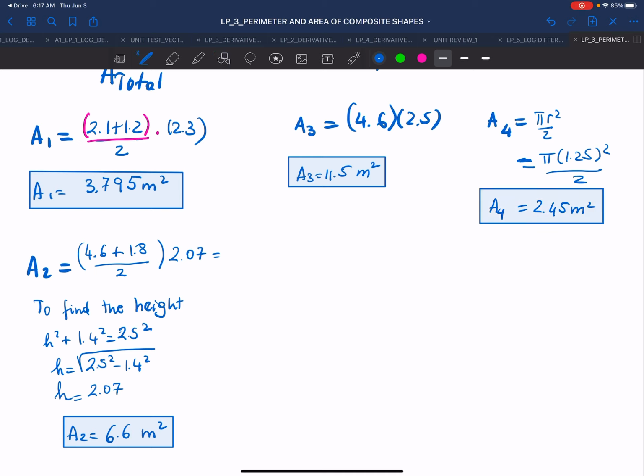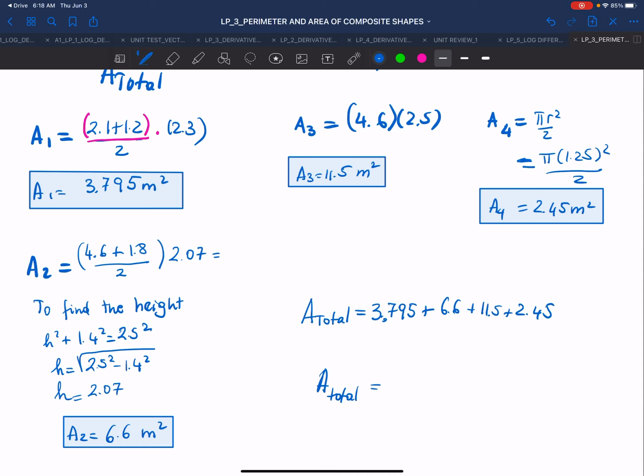So the total area now equals 3.795 plus 6.6 plus 11.5 plus 2.45. So add them all together.